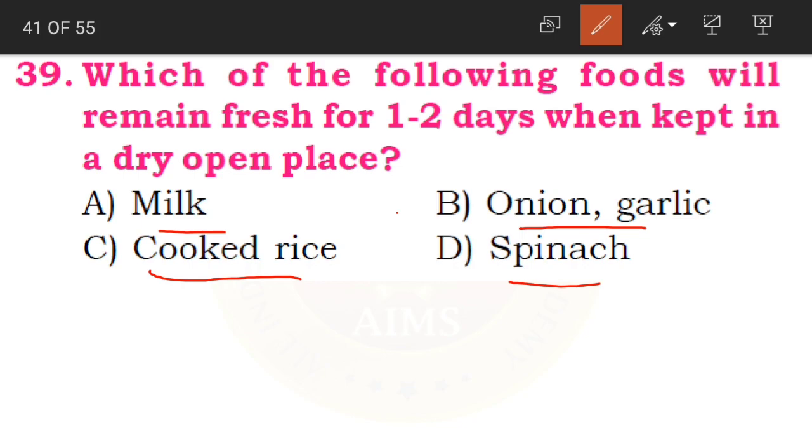So it is B option, that is onion and garlic. If you keep milk, cooked rice, spinach, all this is going to spoil. But onion and garlic are not going to spoil even though you keep it dry in an open space.